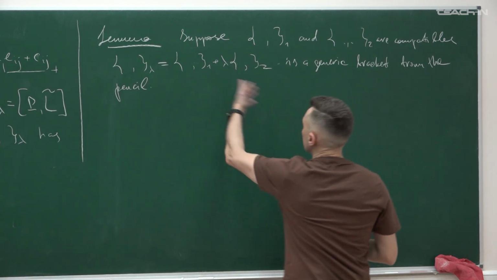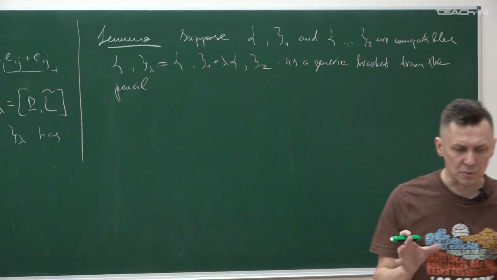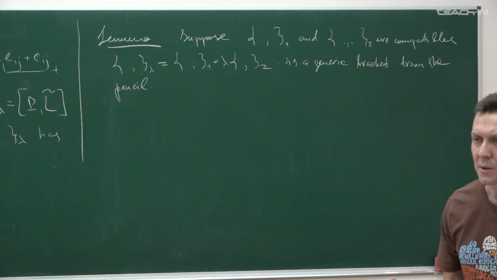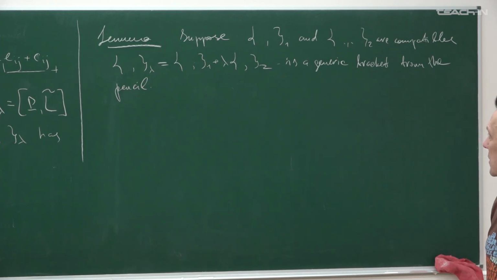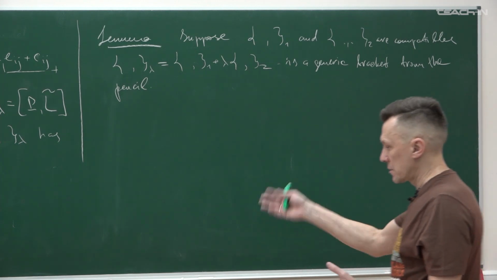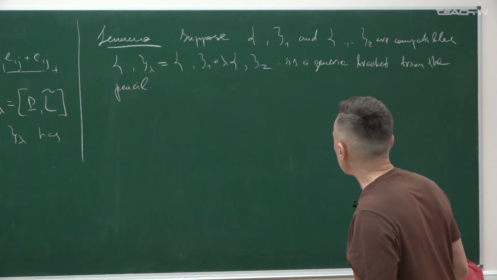So this set of linear combinations of two structures is called the pencil of structures, so it's quite a general idea in algebraic geometry to consider some linear systems of objects.